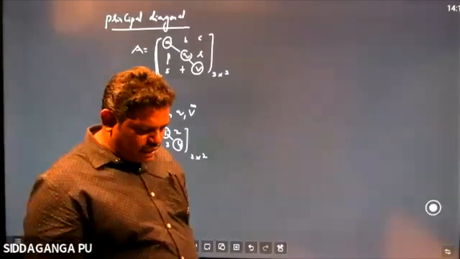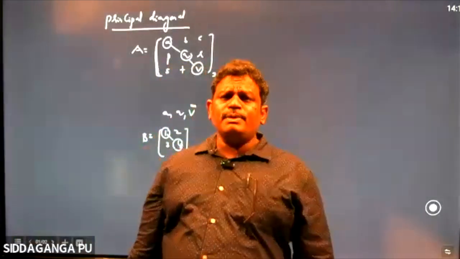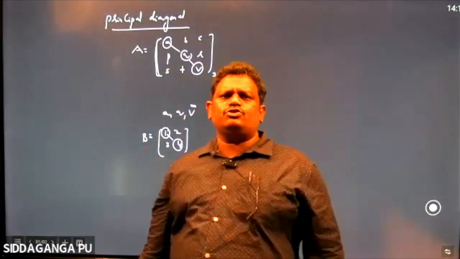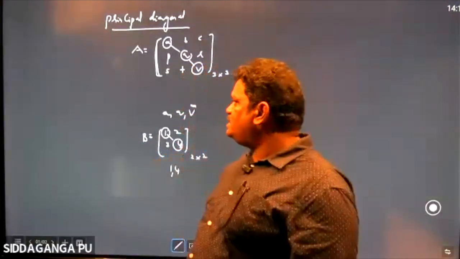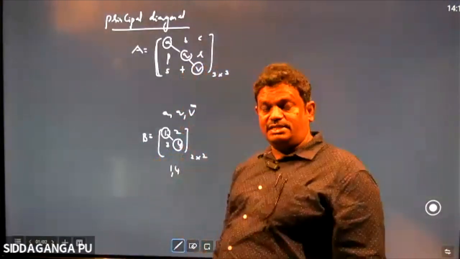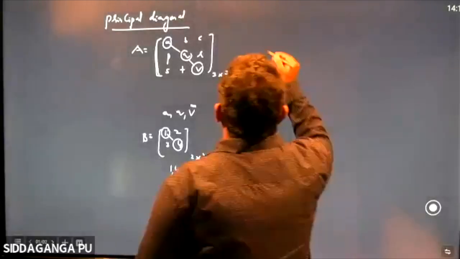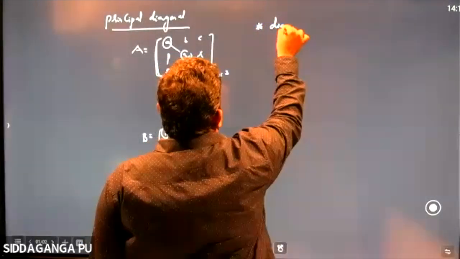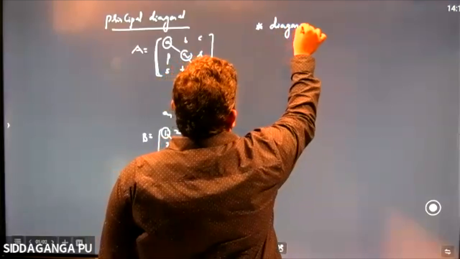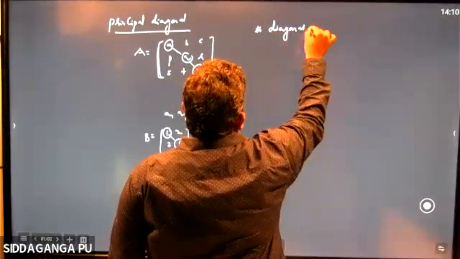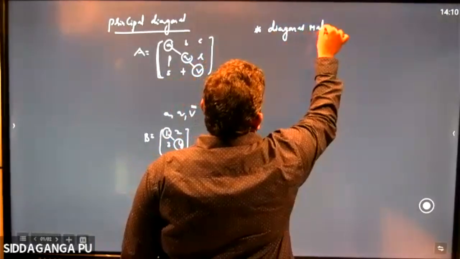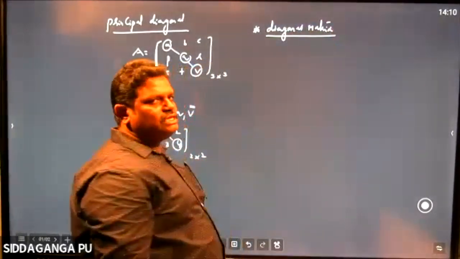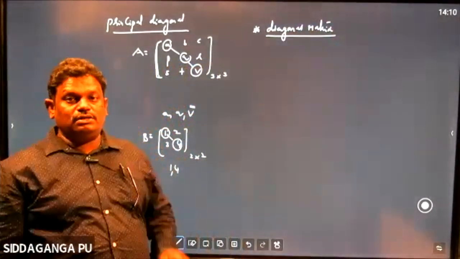Next we can define some important definitions, important in board and competitive exams also. The first one is the diagonal matrix. What is a diagonal matrix? A diagonal matrix is defined only on a square matrix.